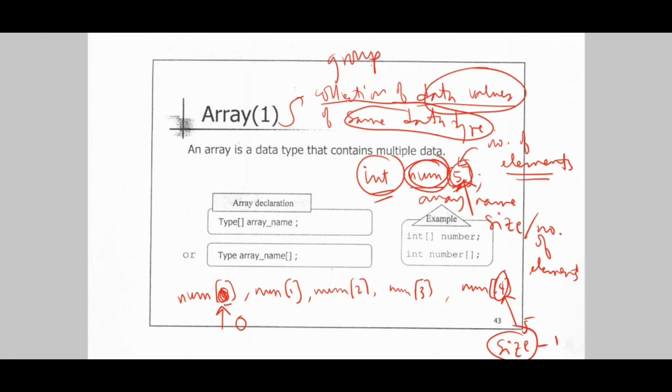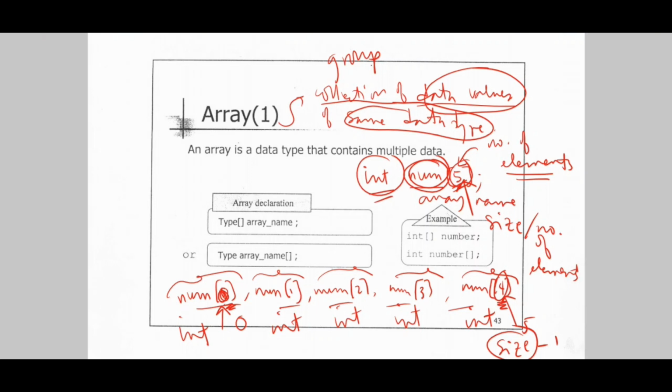We start with 0 by default and we end with size minus 1. So this is the first element of the array, the second, the third, the fourth, and the fifth. And each one of these is type integer.